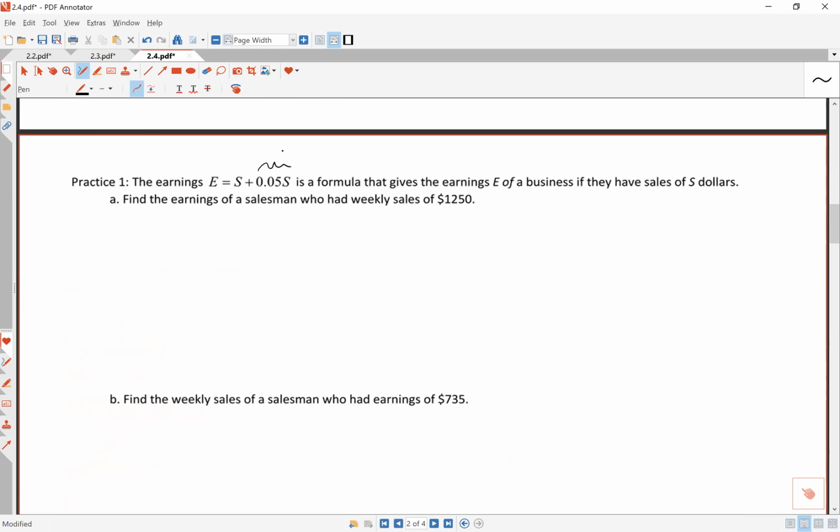The earnings E equals S plus 5% of S, or 0.05 times S. And this is a formula that gives the earnings E of a business if they have sales of S dollars. Find the earnings, meaning find E, given that the sales is $12.50. So the earnings is the sales plus 5% of the sales.